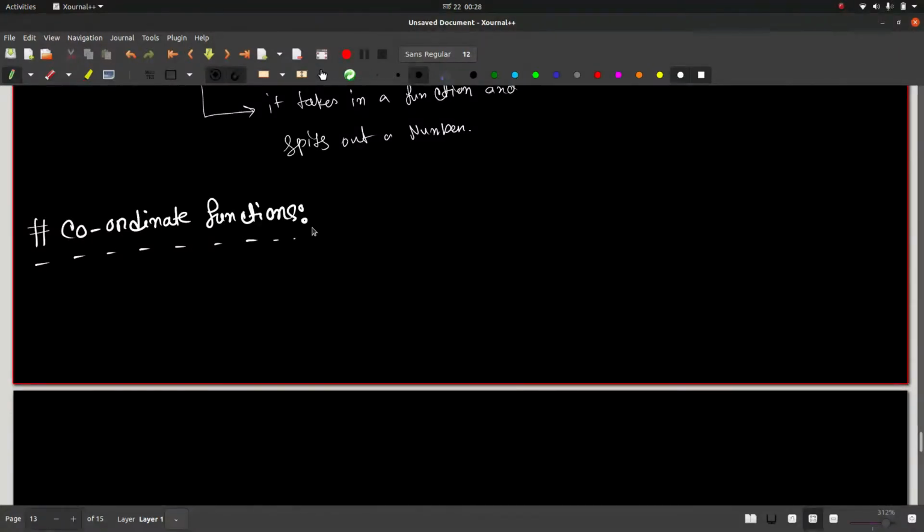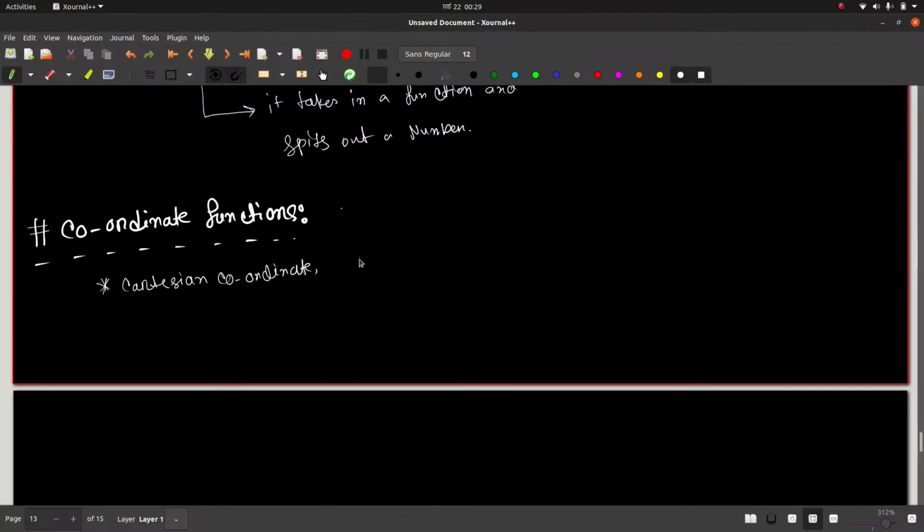So what do coordinate functions do? Similar to other functions, we'll define coordinate functions as maps that take points on the manifold and spit out a real number. We are going to start with the very familiar Cartesian coordinates. This will be the definition of Cartesian coordinates, and I'll just go with only 3 coordinates.